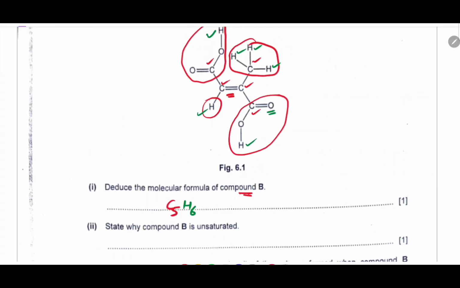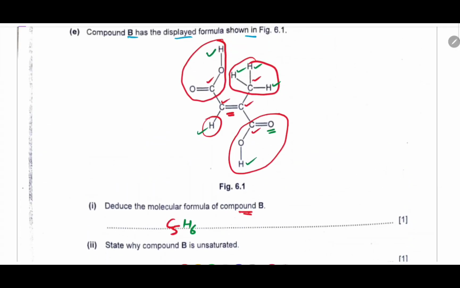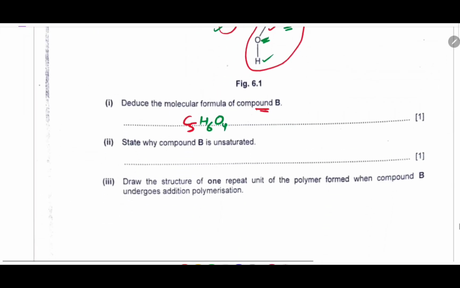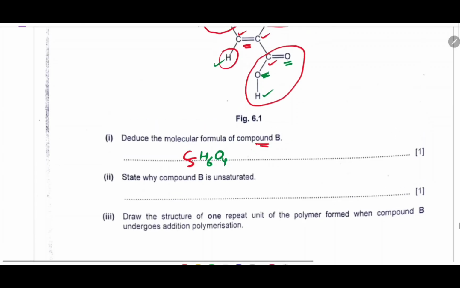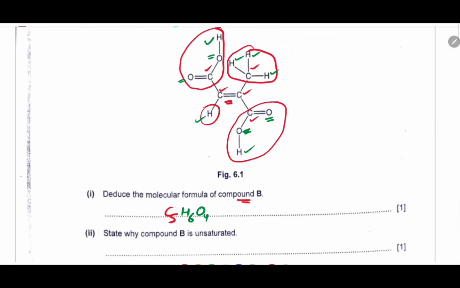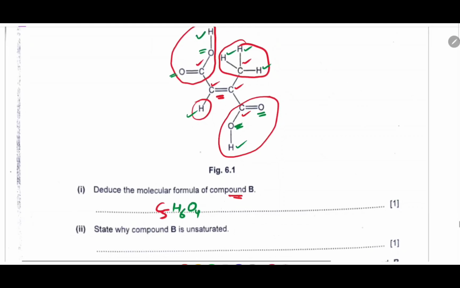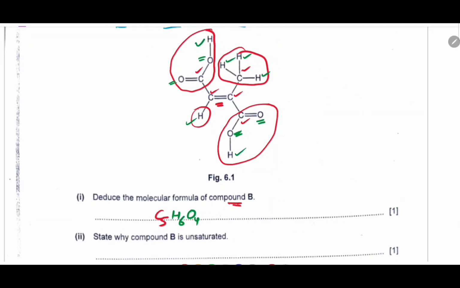Now, oxygen atoms: 1, 2, 3 and 4. C5H6O4. That will be the molecular formula of compound B. There are 4 oxygen atoms, 1 here, 2, and then 3, and then 4. C5H6O4. That should be the answer for this compound.